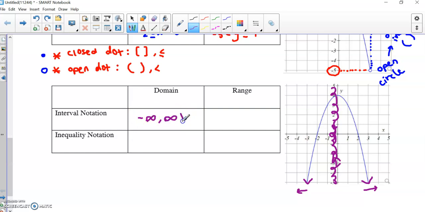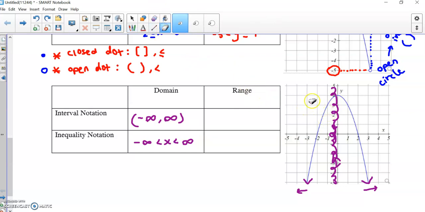All right, and then for my inequality notation, smallest less than x less than biggest. And then for range, now we're looking at the vertical axis.